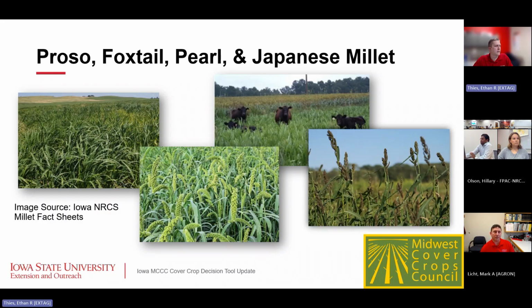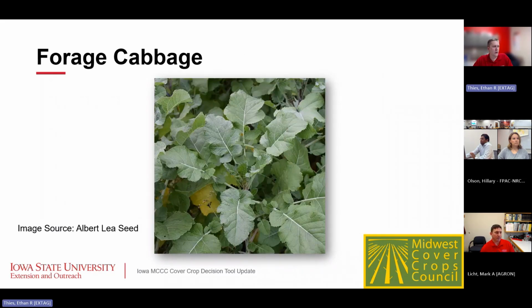All right. Moving on to our one new brassica, forage cabbage. This is a nice brassica because it does produce a fair amount of biomass, probably a little bit more than we would maybe expect with, say, turnips or radishes, where those are more known for their tubers.